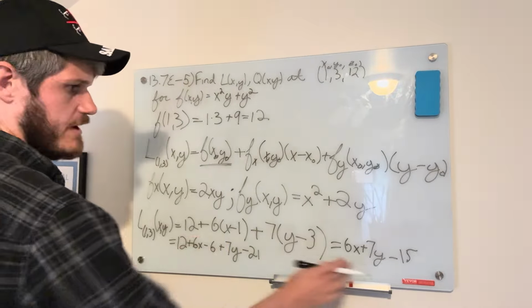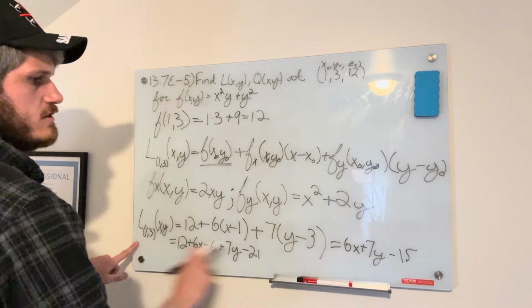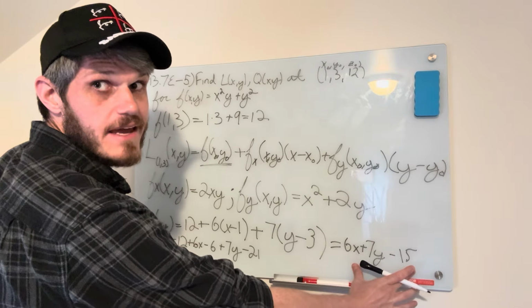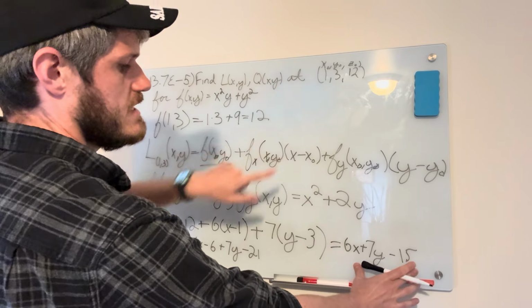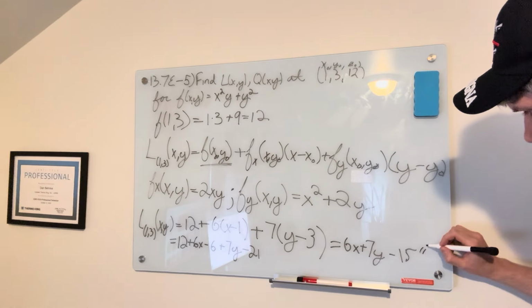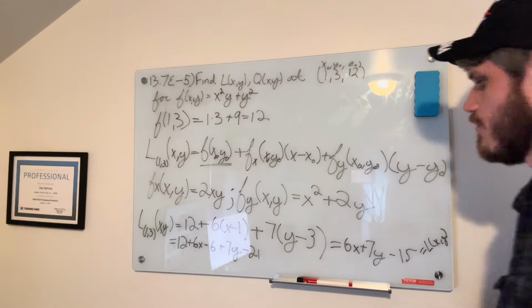Given the inputs 1, 3, you get this nice little plane that approximates it near this point. We're going to keep this down here, maybe in the corner. I'll even write, this is our first order approximation.